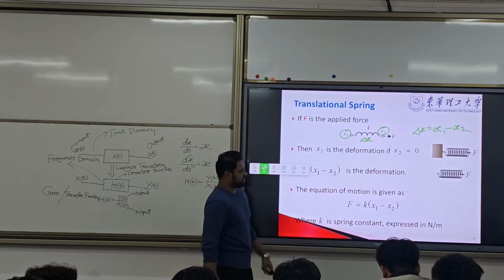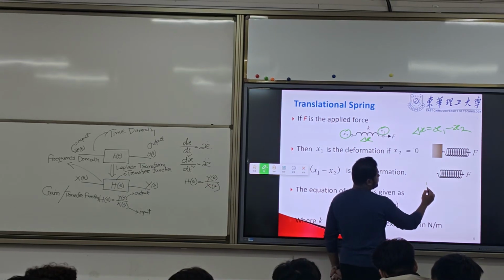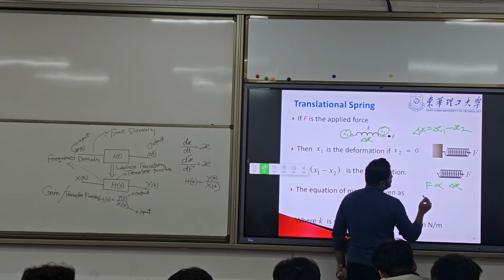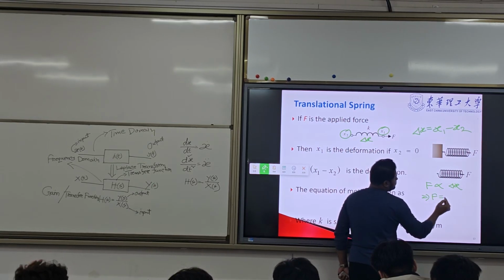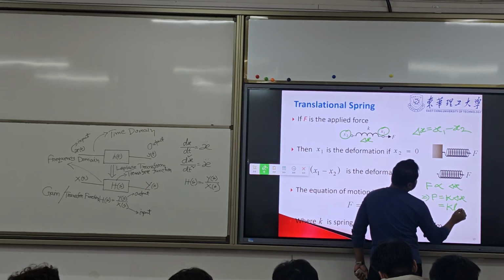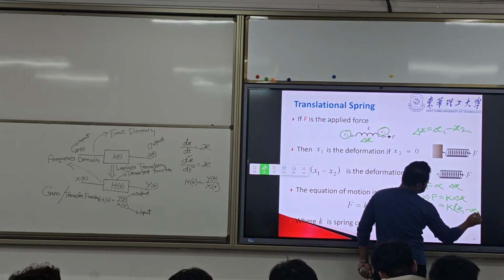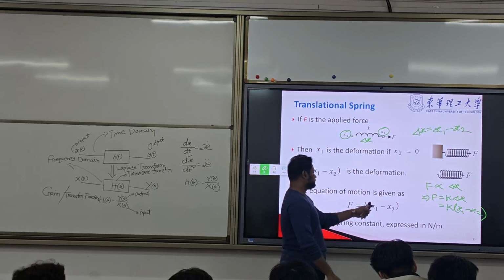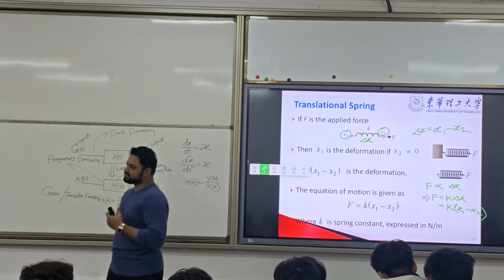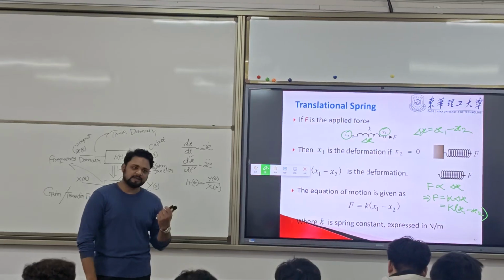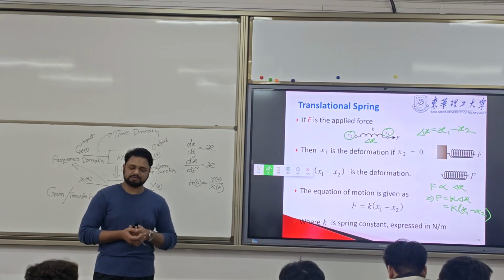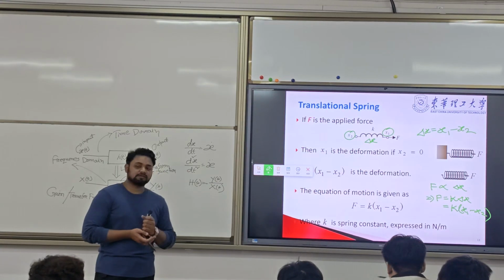So F is proportional to del x, and F is equal to K del x, which is nothing but K times x1 minus x2. This is the first one, for the spring. This is the force you apply to the spring and the equation. This is the mathematical model for the spring.